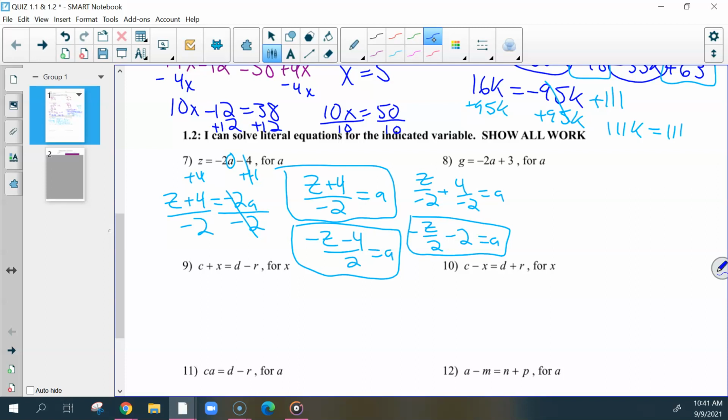Eight is very similar to 7. There's different variables. So instead of adding 4 like I did over here, I'm moving the 3, but I'm subtracting. And then dividing by -2.